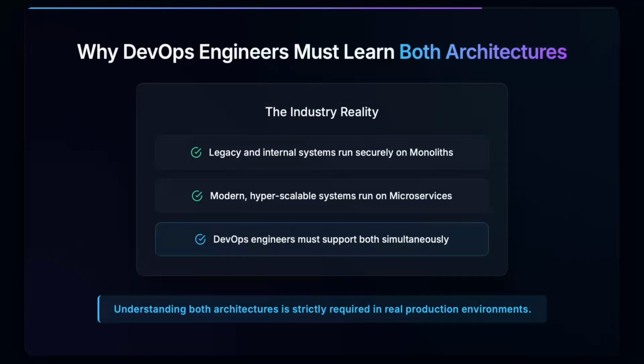Next comes why DevOps engineers must learn both architectures. Okay, so in industry, the reality is some of the legacy and internal systems still run securely on monoliths, right? Let's say a company is using an application or a platform from way back, and they are dependent on that, and they don't want to make any changes to this, or maybe they are using their internal application which they want to make secure, right?